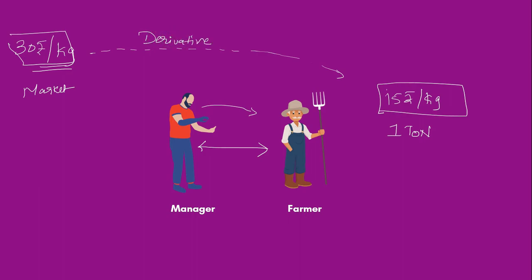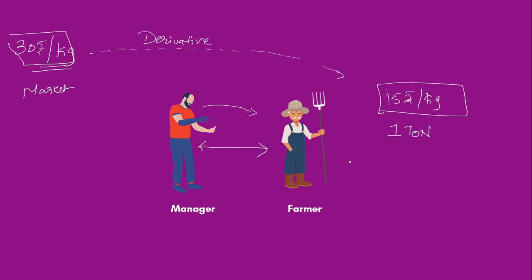Now, when the farmer and manager have decided that the manager wants 1 ton of potato at 15 rupees per kg, the farmer would say that he needs around 2 months to cultivate it. The manager understands this, and he has to give him 2 months. So today they decide that around 2 months from now they would meet again, and the manager would give money for 1 ton of potato and the farmer would deliver the potato.